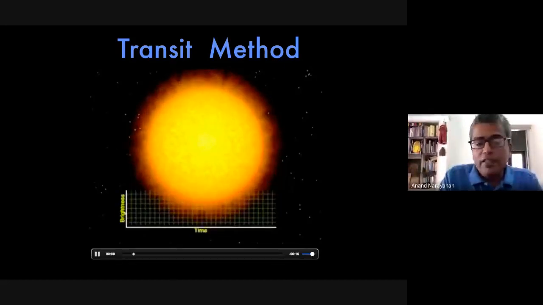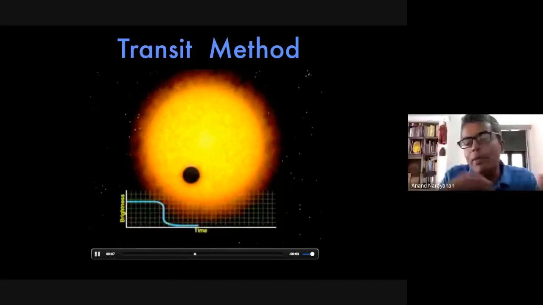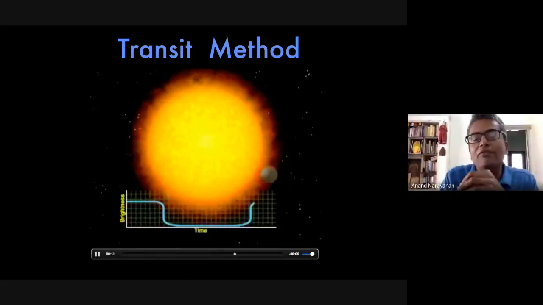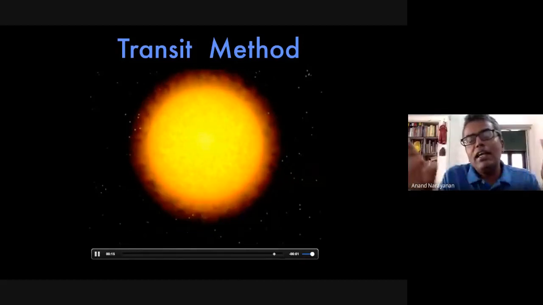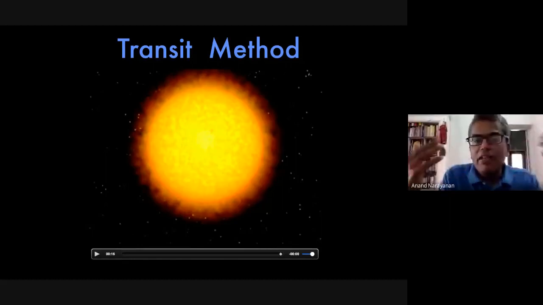If you keep on monitoring the brightness of the star, the next time we will see the brightness dipping is when the planet completes one full orbit around the star and comes back in front again. So repeated dimming of starlight in a very fixed pattern tells us that there is an object orbiting around that star that is periodically blocking the starlight.